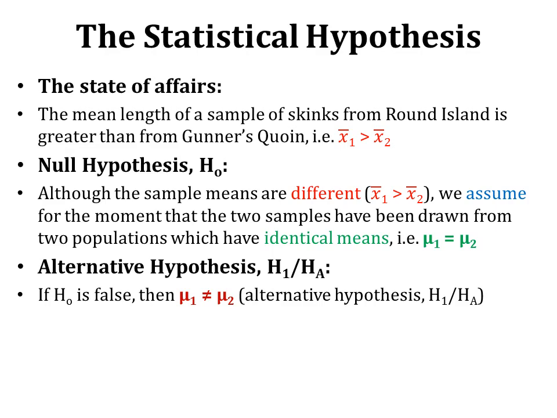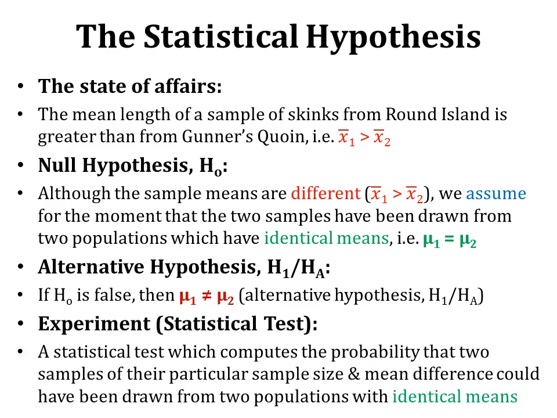We are going to test the null hypothesis. We are not going to test the alternate hypothesis. And if our null hypothesis is correct, then the difference in the sample means is just by chance. Their population means are actually the same. But if our null hypothesis is rejected, then we have to accept the alternate hypothesis, which means that their population means are also different.